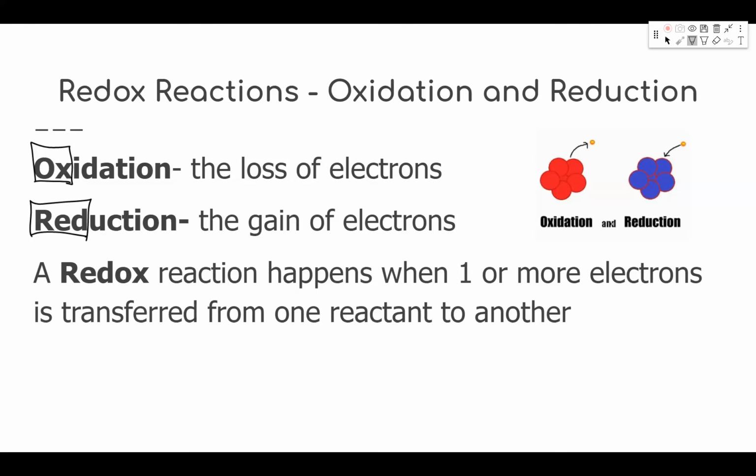This happens when one or more electrons is transferred from one reactant to another. Oxidation is losing, reduction is gaining. It's kind of counterintuitive because reduction colloquially means get smaller, but it is actually gaining electrons. It's called reduction because the charge is being reduced, because electrons have a negative charge.